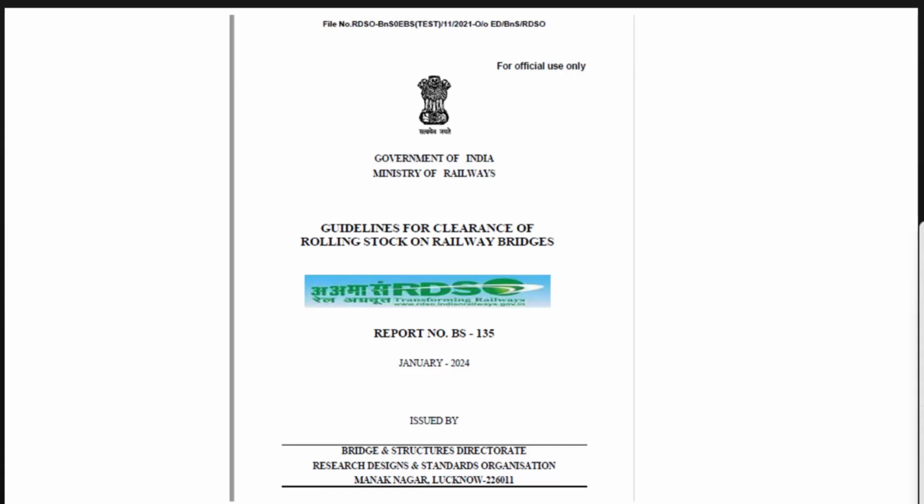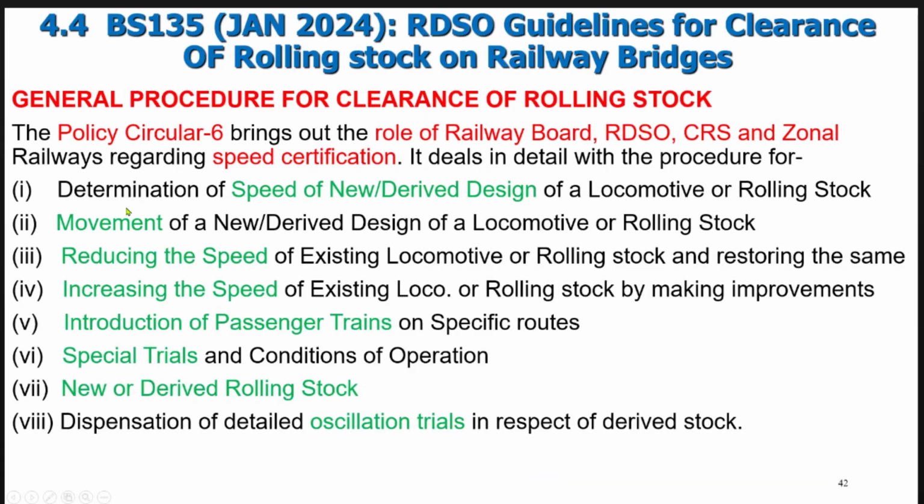This is the guidelines for clearing of rolling stock on railway bridges, on which today's webinar is based. So we will discuss this. The main point is the general procedure for clearing of rolling stock. First, Policy Circular 6 brings out the role of Railway Board, RDSO, CRS and zonal railways regarding speed certification.